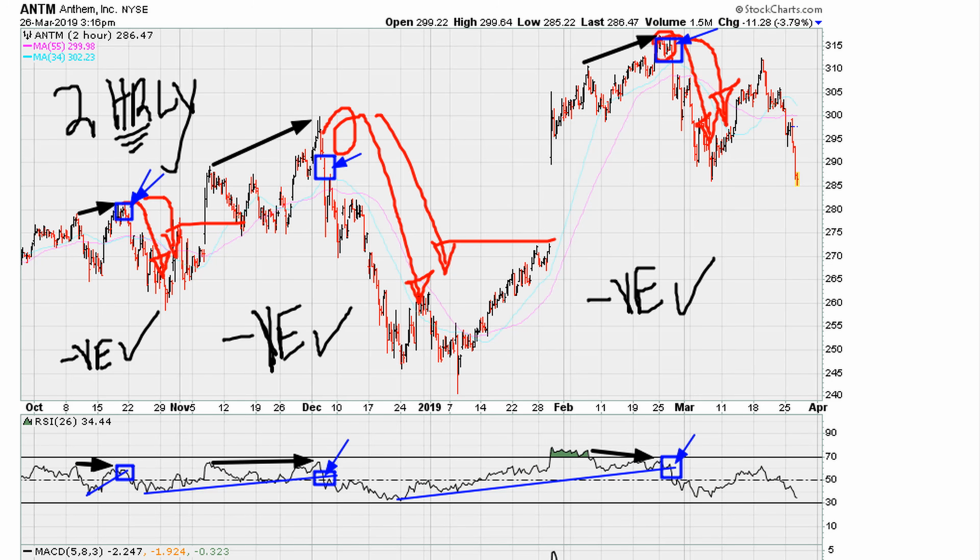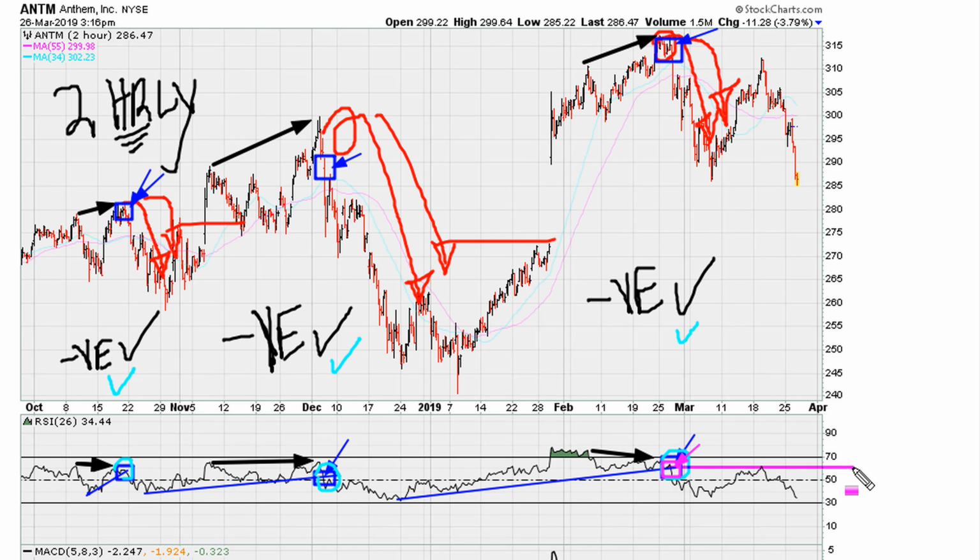So in all of these examples, we have negative divergence and trend line break, negative divergence and RSI trend line break, negative divergence and RSI trend line break. And one other thing here, we can see that this recent breakdown corresponds with the uniformity method, and there should be a link in the description of the video explaining this.